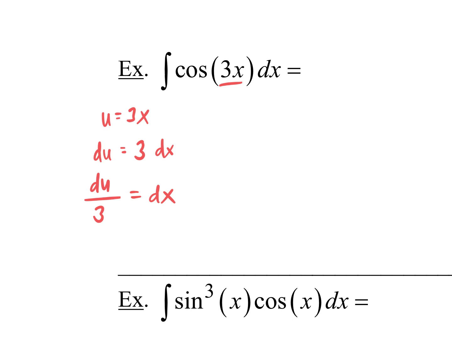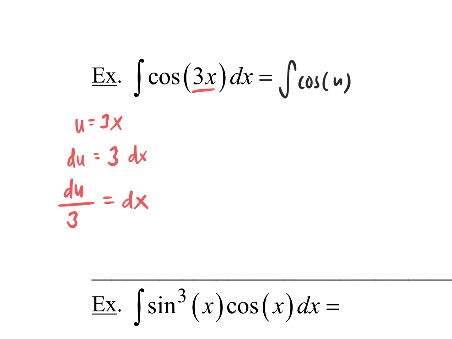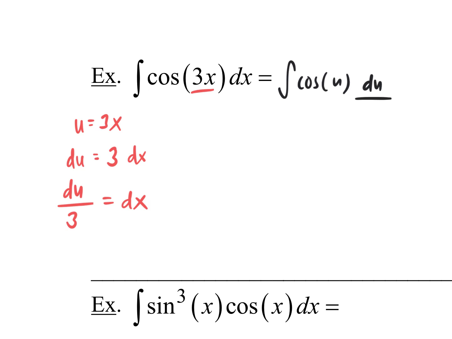So I'm going to replace this stuff. I've got the integral of cosine of u times du over 3. So I can just rewrite this as 1/3 times the integral of cosine of u du. And what is the integral of cosine? Sine. Yep, the integral of cosine is just sine.